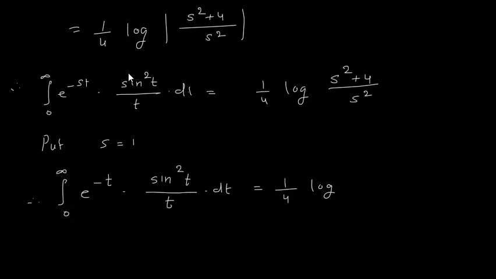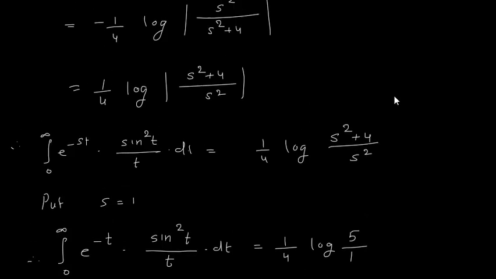So 1 plus 4 is 5, so it is 5 upon 1. So log 5. So it is 1 upon 4 log 5. This is equal to 1 upon 4 log 5. Right? In the same way, whatever problem you get for evaluation, you can solve.